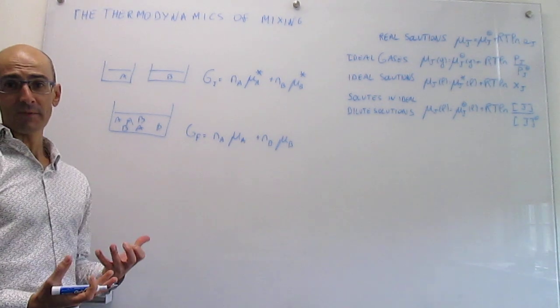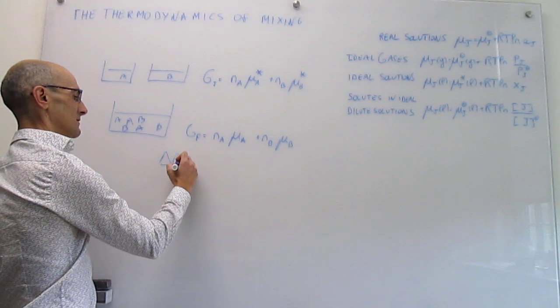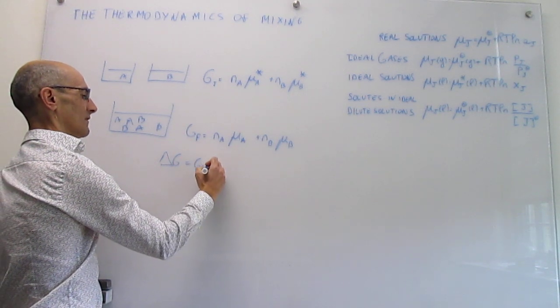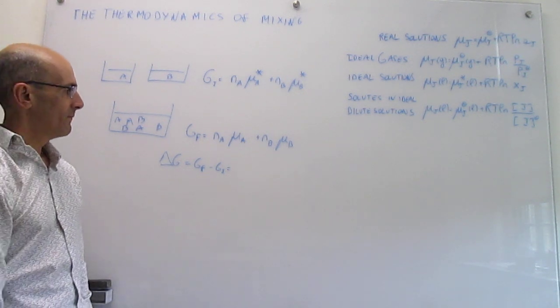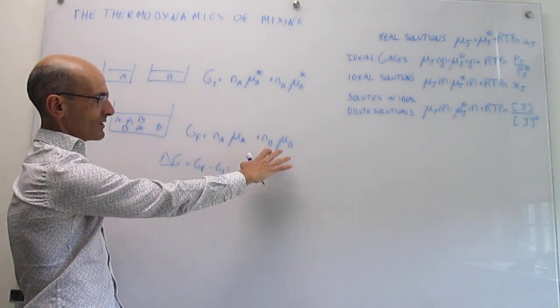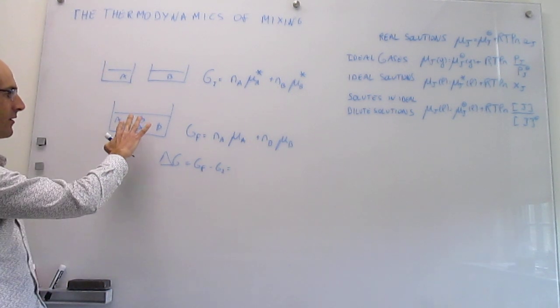So again, to determine spontaneity, we simply have to do delta G, which is simply the final minus the initial Gibbs energy. But of course here we have the chemical potentials, and notice that these are not pure substances anymore. They're actually mixed.